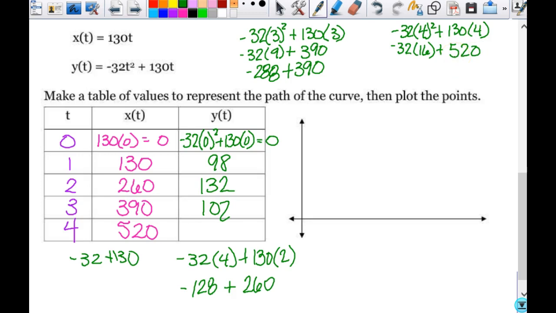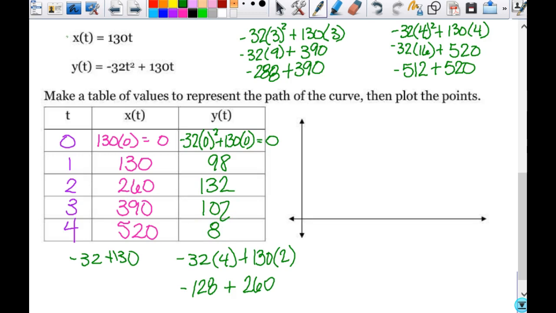So what's negative 32 times 16? 512. Good. Negative 512, right? So negative 512 plus 520. What do I get there? 8. Okay. So there are my x and y values that I got from my parametric equations.